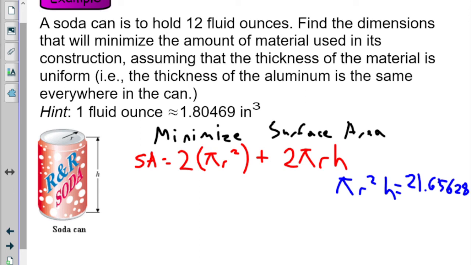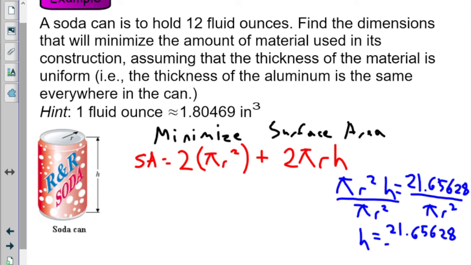So in this case, I'm going to go ahead and solve for h so that I only have to plug it into one place. To get h by itself, plus it's easier to get h by itself than it is to get r by itself in that equation. So to get h by itself, I just need to divide by pi r squared. So h is that big long decimal divided by pi r squared.